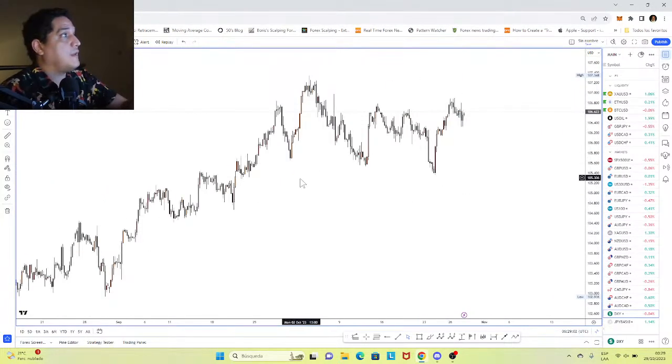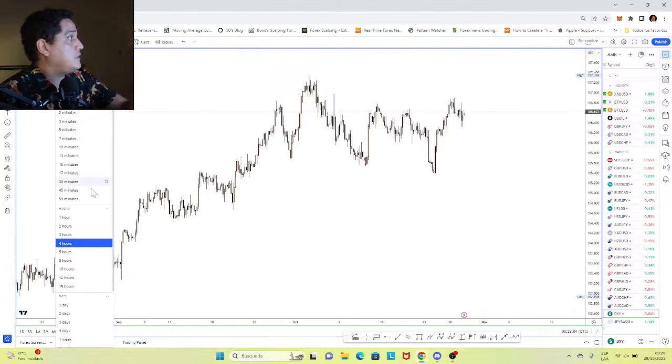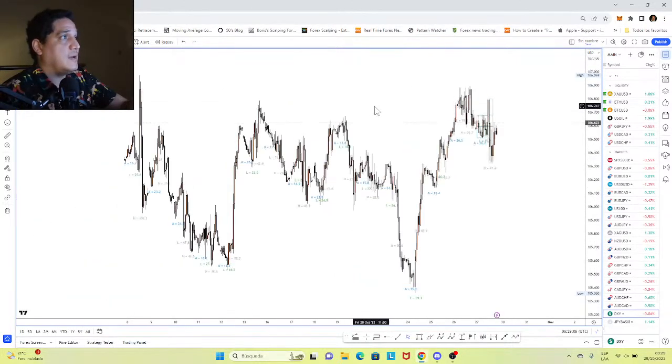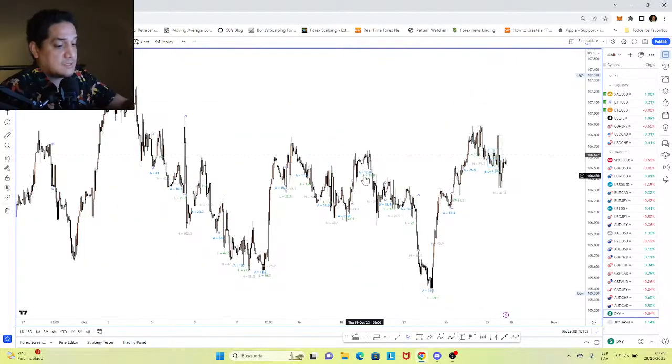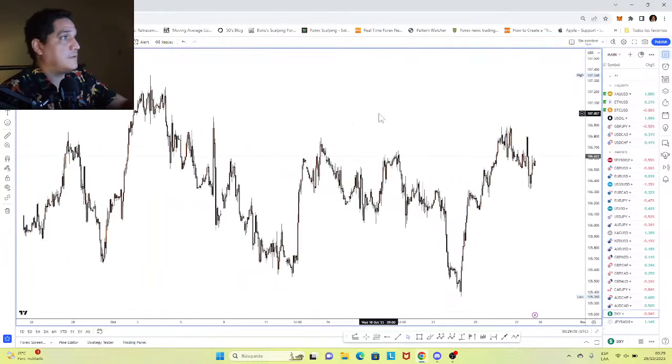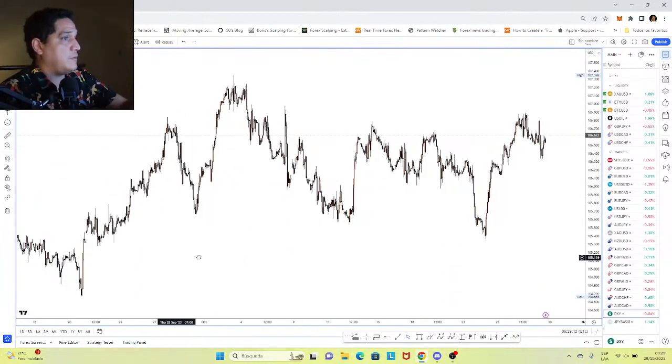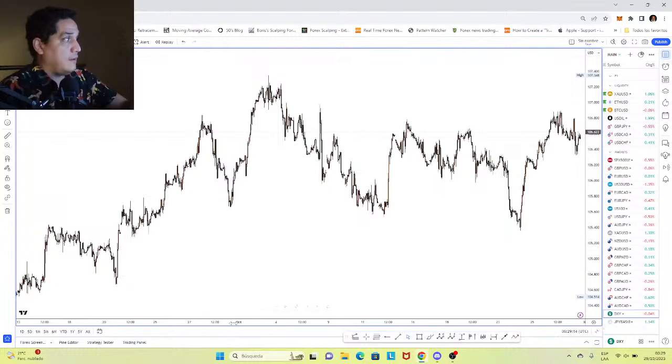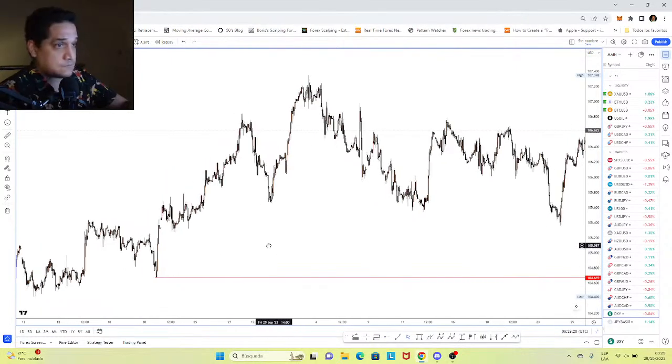So basically, going to a lower time frame, to the hourly, this is what I'm looking at. Let me just get rid of this indicator. So looking at the hourly, the true bottom or structured low is this one right here.